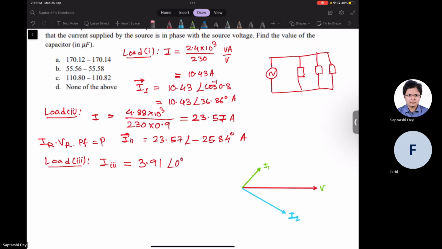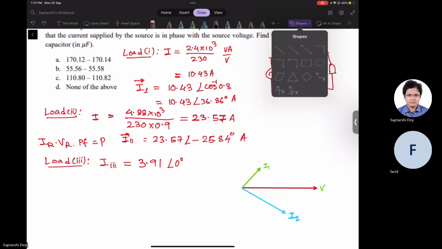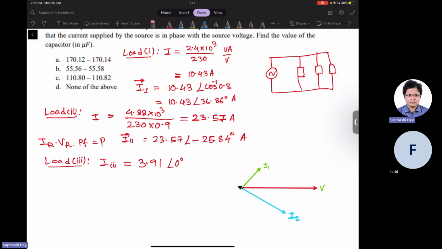I2. And the third one will go with black. That is in phase with supply voltage. It's very less in magnitude. So somewhere here.